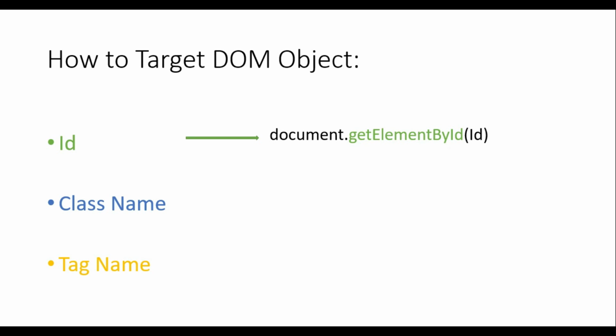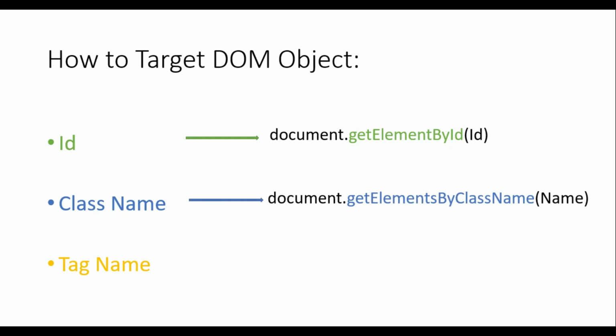Next, by using the class name, we use the document object in the same way. After that, we use the method of the document object, which is getElementsByClassName.